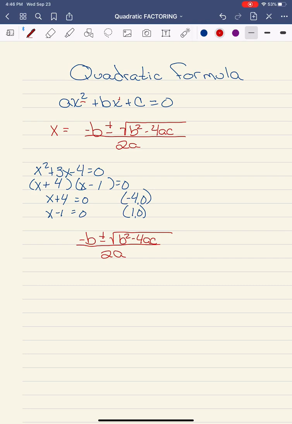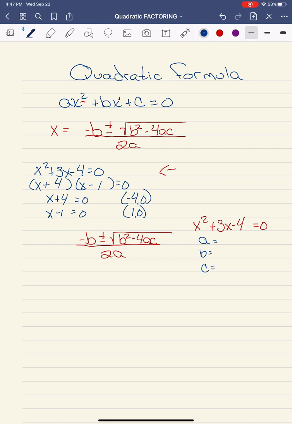Now, where am I getting these letters? I'm going to use the exact equation that we used right here, x squared plus 3x minus 4. And again, I'm going to keep it set to 0. Now, the first step you want to do is identify my a value, my b value, and my c value.